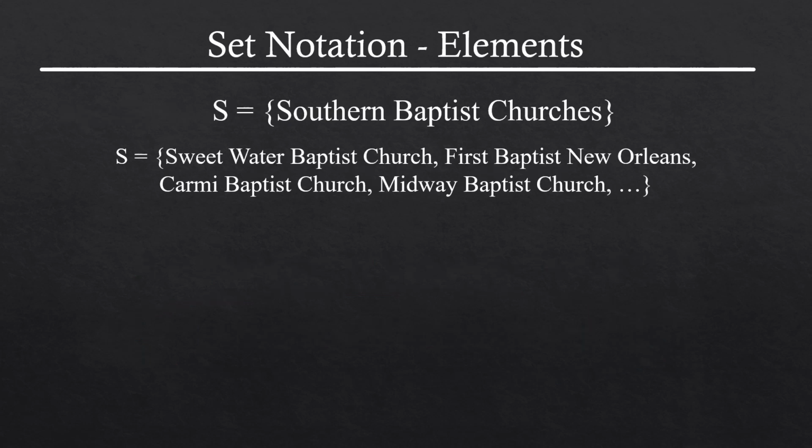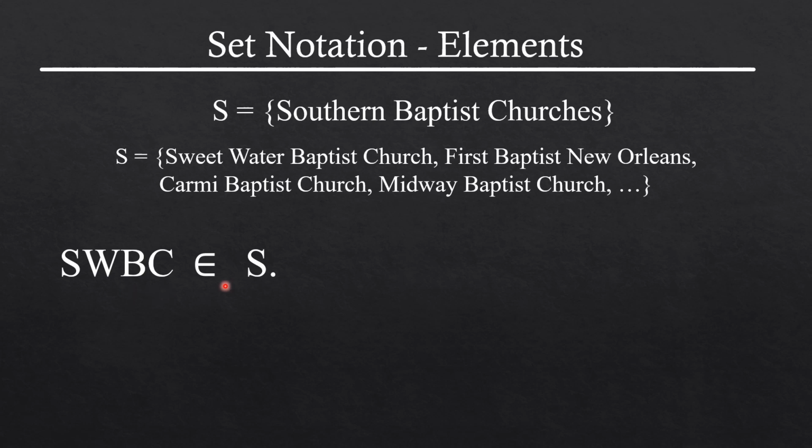Now we're going to take a look at elements of our set. We have the set S of Southern Baptist churches. We have different churches that are listed in this set.